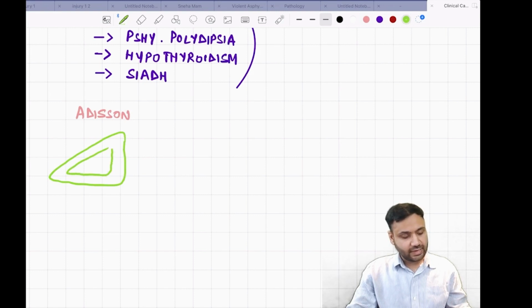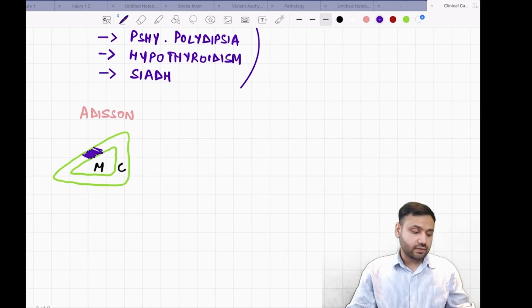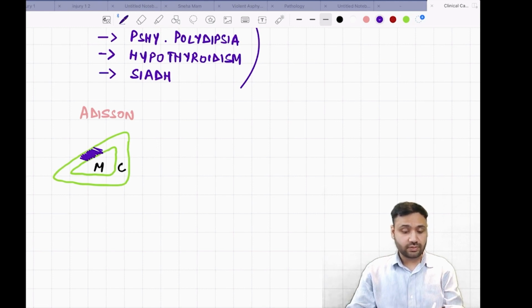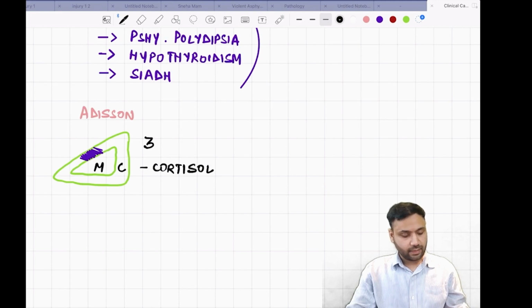If this is the adrenal gland, this is the medulla and this is the cortex, the adrenal cortex is involved in Addison's disease, which synthesizes 3 hormones: cortisol, aldosterone, and sex steroids.